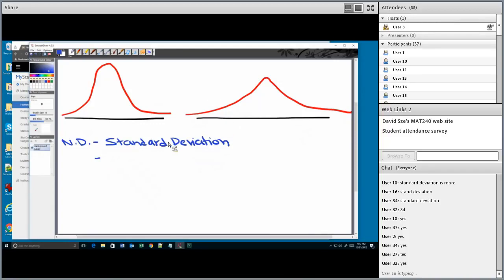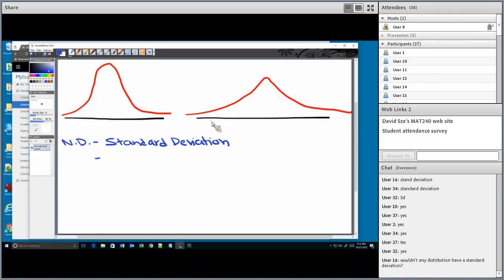Remember we talked about the measure of dispersion, or measure of spread, which was the standard deviation. Well, remember that we also talked about measures of central tendency. Can you name some measures of central tendency that we studied last week? Sarah, that's a very good question.